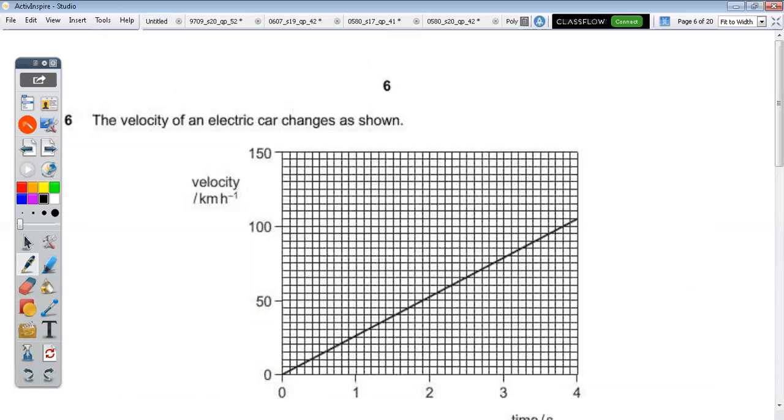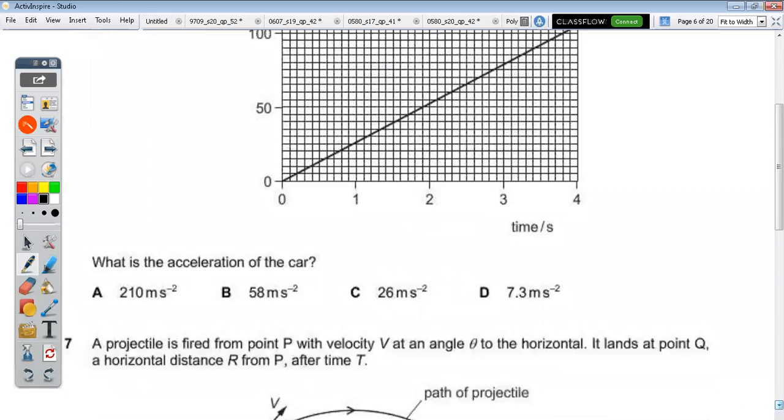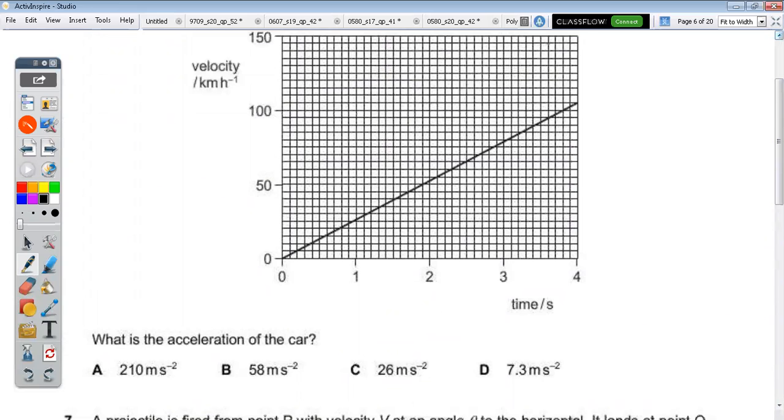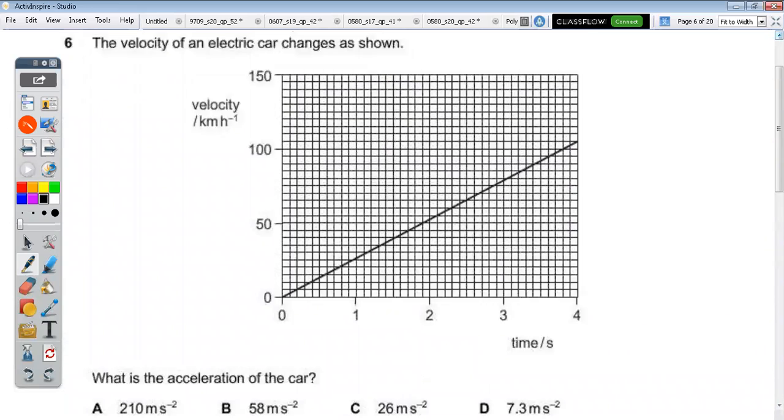The velocity of an electric car changes as shown, velocity with time. What is the acceleration of the car? O level. So what is the acceleration?